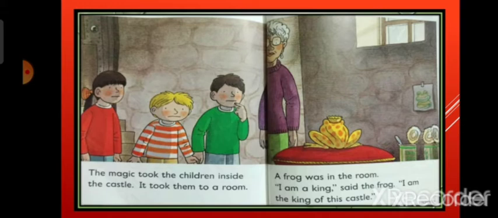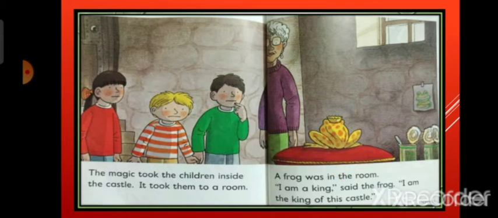When we want to show the actual words used by a speaker, then we use inverted commas at the beginning and the end of the words being spoken. "I am a king. I am the king of this castle." These two statements are spoken by the frog. That's why they are written in inverted commas. Can you see?